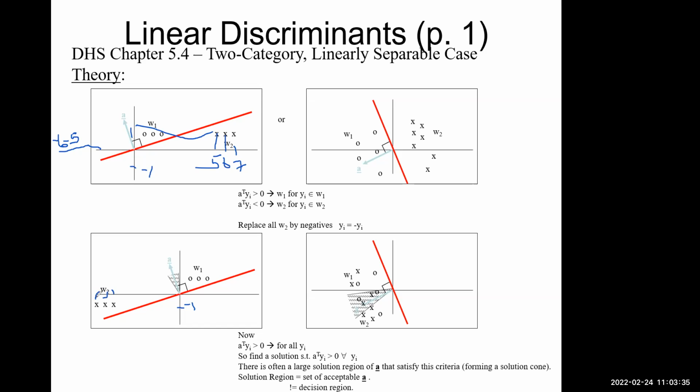Can you see how the top left picture transforms into the bottom left picture? We're going to take everything that's class 2 and negate its feature values. And now if we have a good line, everything's on the same side. Losing track of what all this is accomplishing for us.